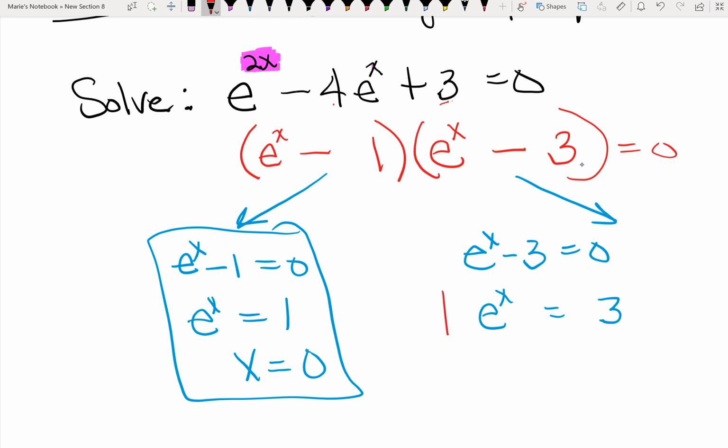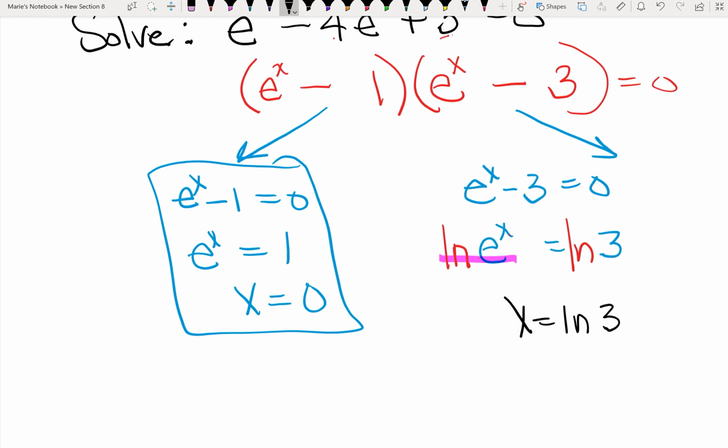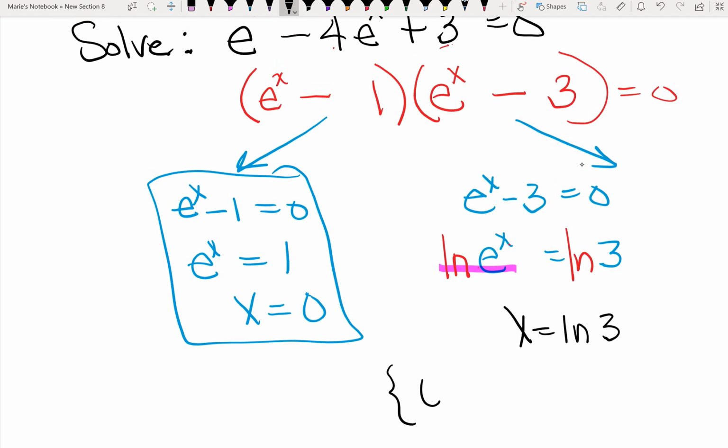And that is because natural log e to the x is equal to natural log 3. Again, remember, natural log and natural base e cancel each other out, leaving you just x equals natural log 3. If that's natural log 3, then your two solutions in this case are going to be 0 and natural log 3.